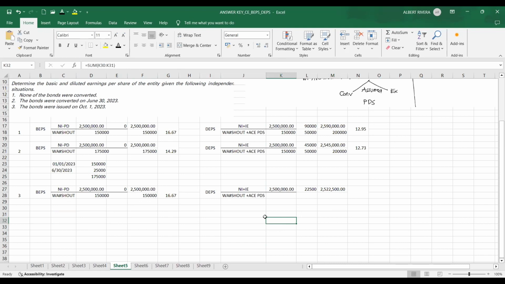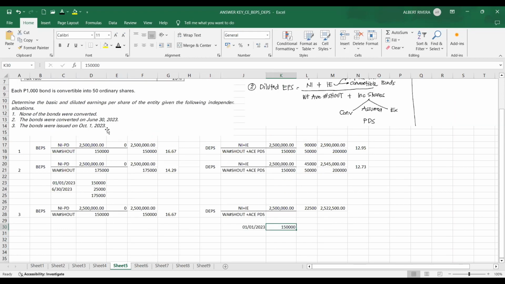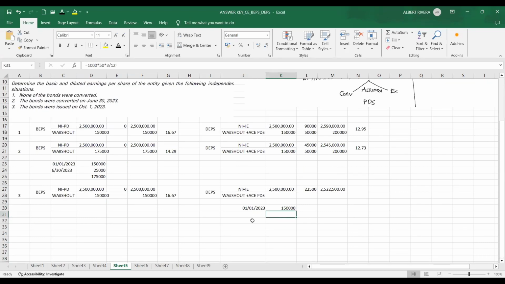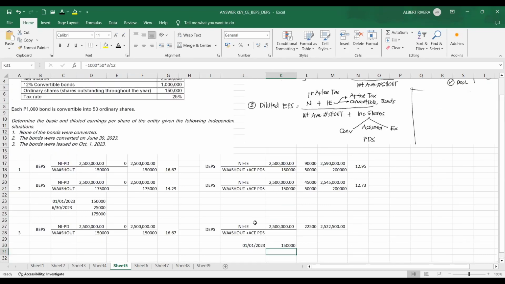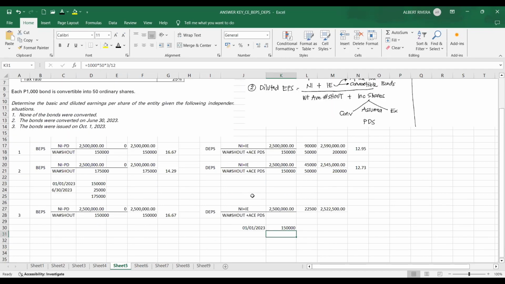Then, your denominator would be: on January 1, 2023, you have an outstanding share of 150,000. But there were issued potentially dilutive securities, which was on October 1, 2023.